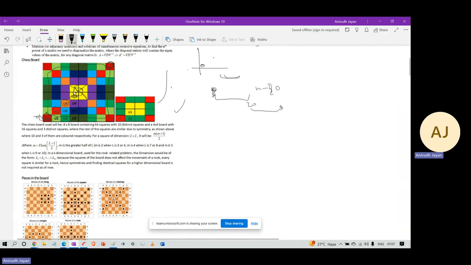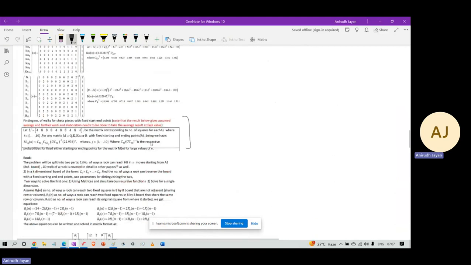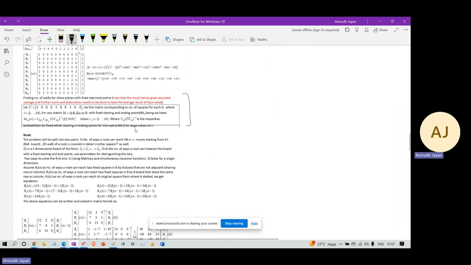There are four yellow squares, four corner squares, and 8 squares from the edges. Every square that is on the diagonal will be repeated 4 times, and every square that is not on the diagonal will be repeated 8 times. So you get this matrix.